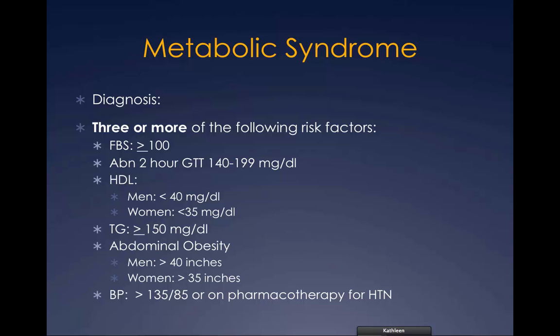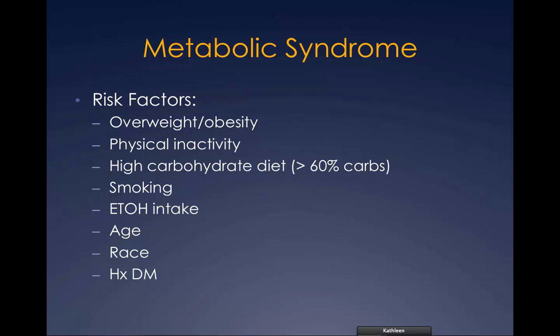So if individuals have blood pressure 135 over 85 and are on blood pressure medicines, they also fit the metabolic syndrome. Other factors: overweight, obesity, physical inactivity, high carbohydrate diet, smoking, ETOH intake, age, race, and a history of diabetes.